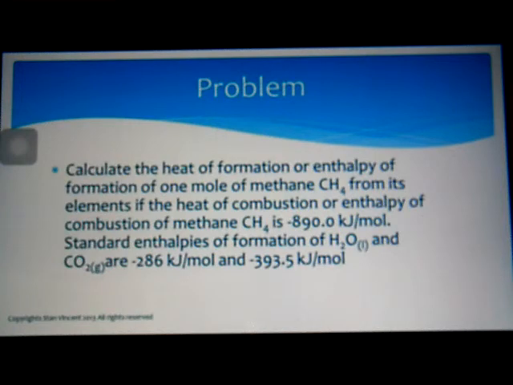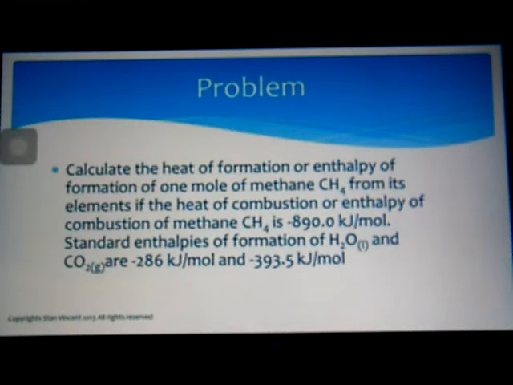Now, when you look at this problem, you may want to recognize certain words and terminology and be able to relate them to equations that you can convert them to. So let's look at the first aspect. I would underline heat of formation or enthalpy of formation, and think about the definition that would answer your question.